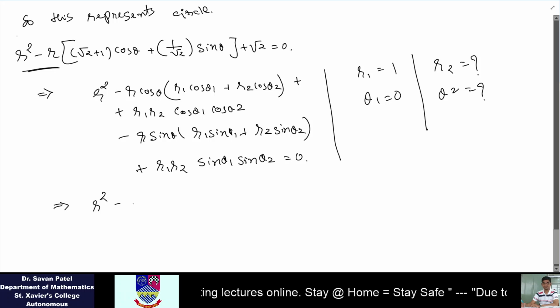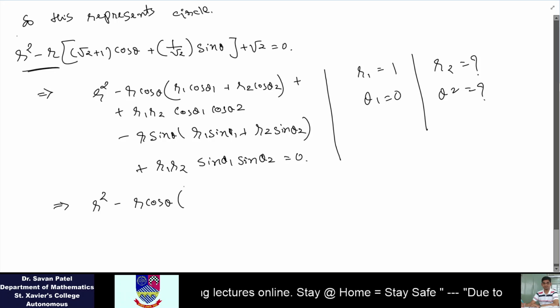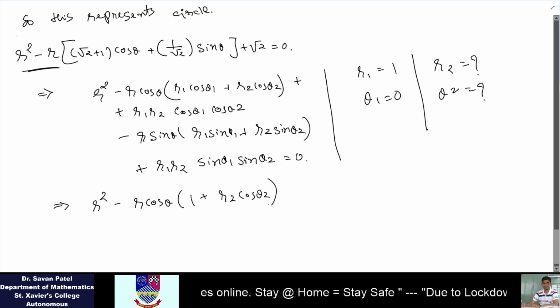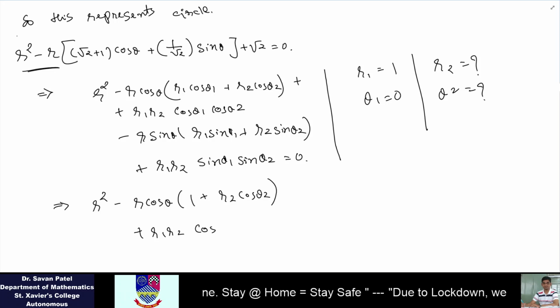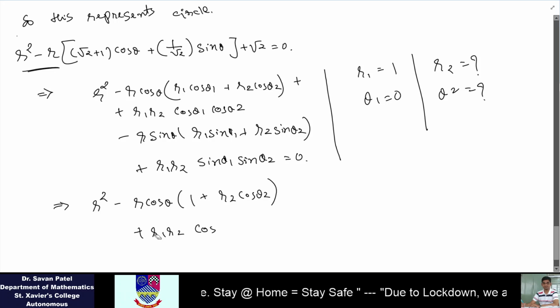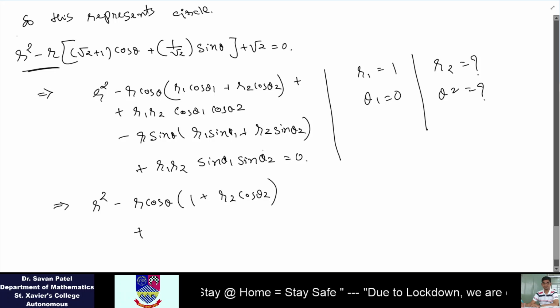So that implies r square minus r cos theta, r1 cos theta 1. r1 is 1, theta 1 is 0, so cos 0 is 1. So that is 1 plus r2 cos theta 2 plus r1 r2 cos theta 1. Let me write r1 is 1 and cos theta 1 is also 1, so r1 cos theta 1 is 1.